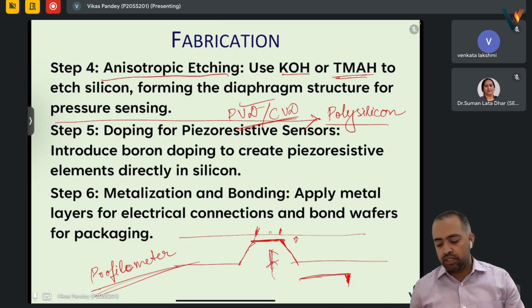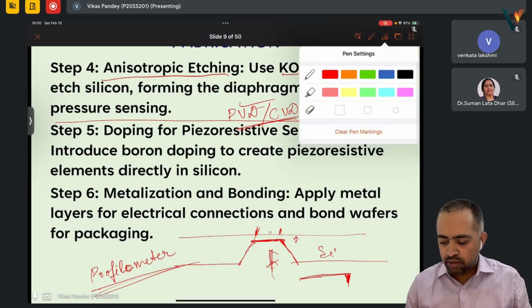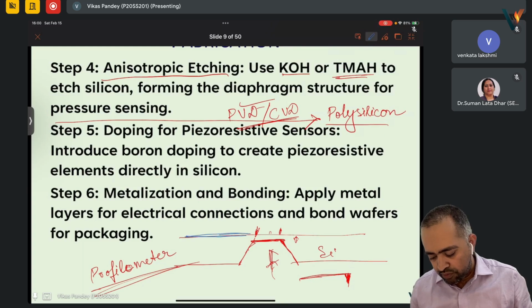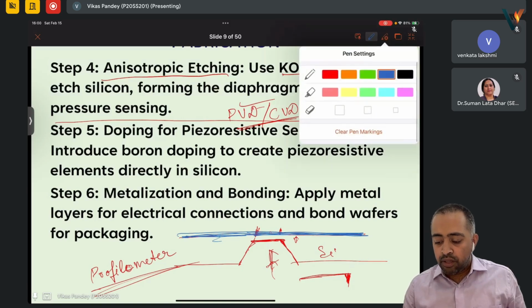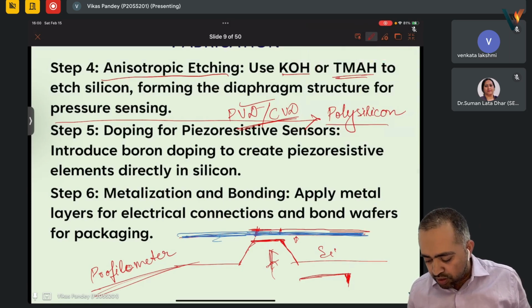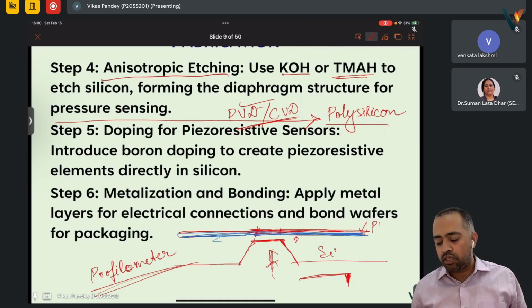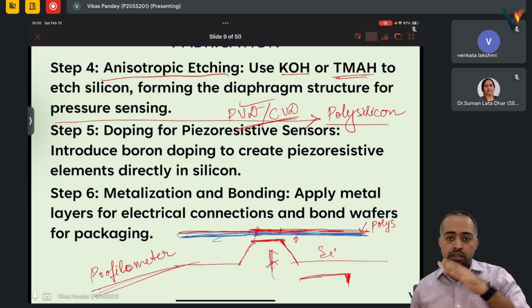So it is like silicon, and on top of it we have silicon dioxide, not that thick. Then again we will have a silicon layer over it. But this silicon is polysilicon, that is, polycrystalline. It does not have a single crystal structure like the substrate.